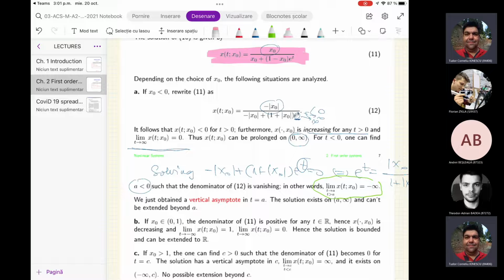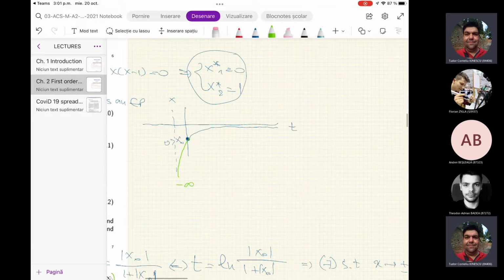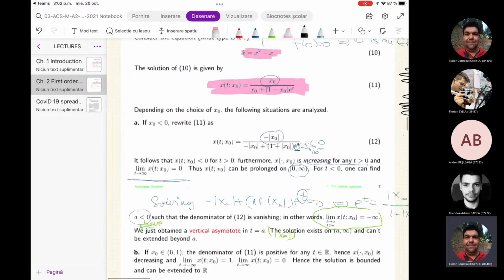We've just obtained a vertical asymptote for t equal to the constant a, depending on the absolute value of x naught. So in negative time, we cannot extend the solution beyond this point. This solution does not exist on the left side of the value a. Interesting, huh?